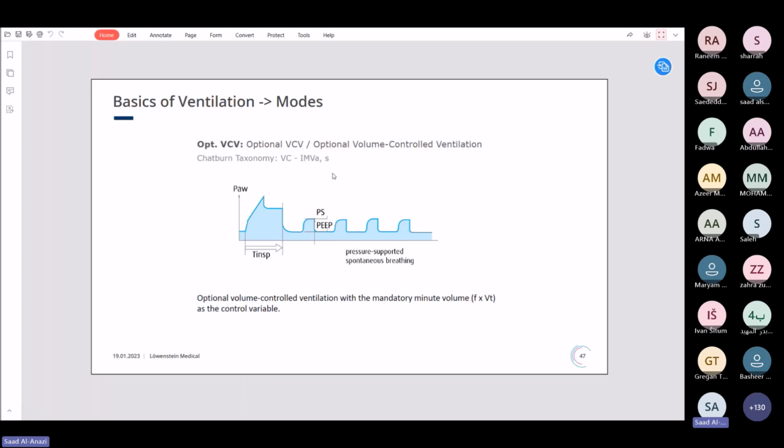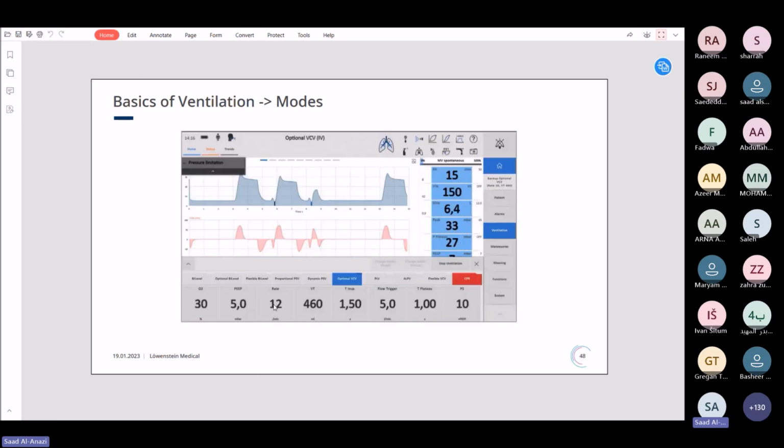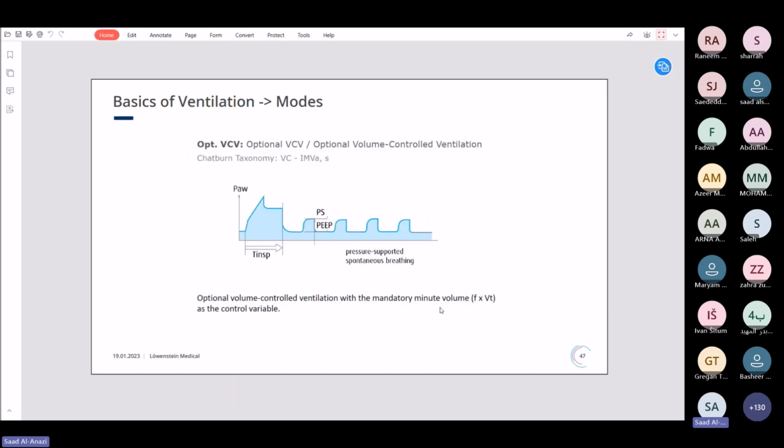We have, I think I have questions about it, optional volume control. What is optional volume control? It's the mandatory minute ventilation. It's focusing on opening a window for the minute volume, the mandatory minute volume.